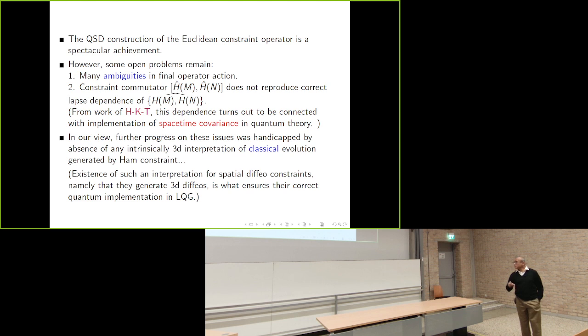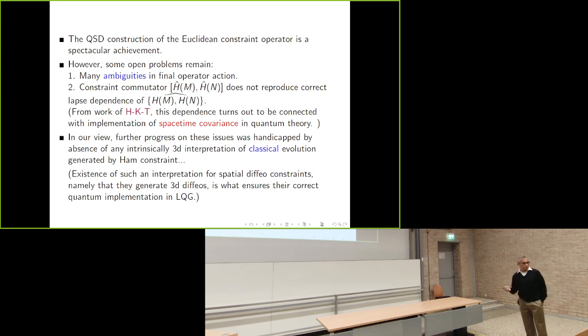The diffeomorphism constraints just generate three-dimensional diffeomorphisms of this phase space data, and capturing that intuition or that geometrical interpretation in quantum theory is really what allows one to represent in LQG the diffeomorphisms correctly as unitary operators. So the hope is that perhaps if one had a little bit more intuition about what the Hamiltonian constraint does in purely three-dimensional geometric terms, maybe we could imprint it onto our constructions in the quantum theory and thereby perhaps make progress on these two issues.